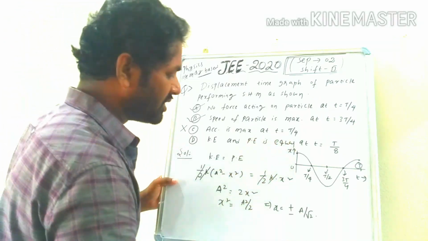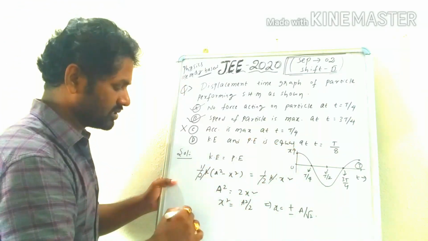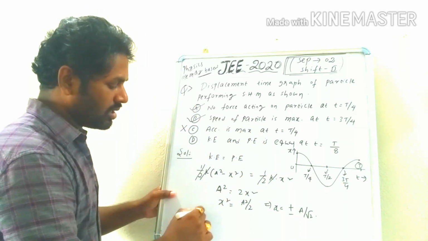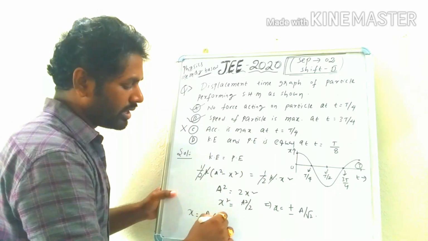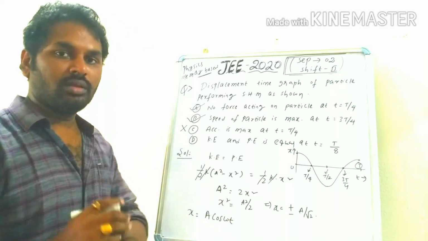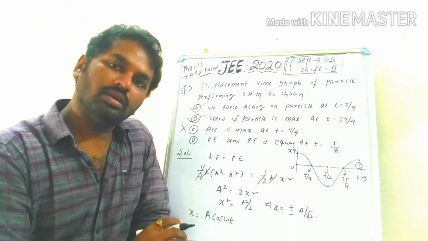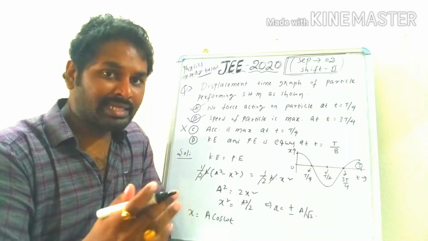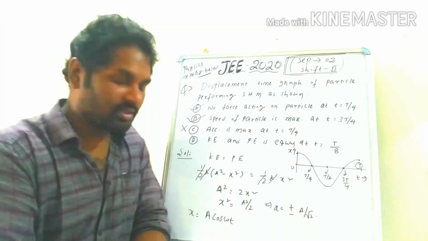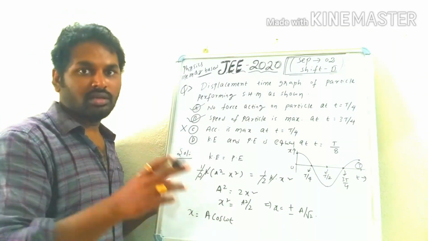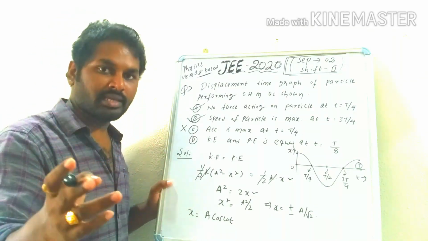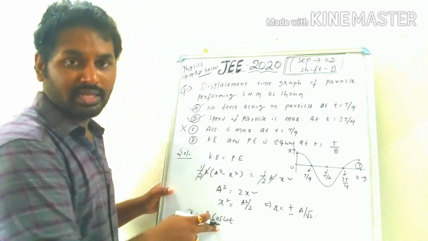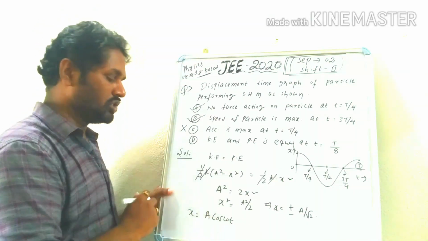So we have the displacement equation here in this case. As the particle is starting from extreme position, you can write x is equal to a cos omega t. Starting from mean position, it is x is equal to a sin omega t. If you add 90 degree phase, then you will get the equation a sin of omega t plus 90, nothing but a cos omega t, as the particle is starting from the extreme position.